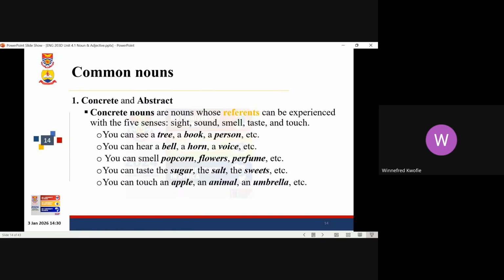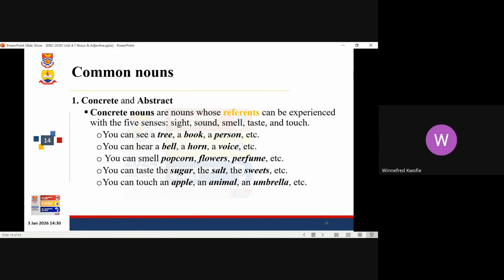So you want to look at the types of common nouns that we have. In common nouns, we can identify concrete and abstract nouns, where concrete nouns make the name experience.